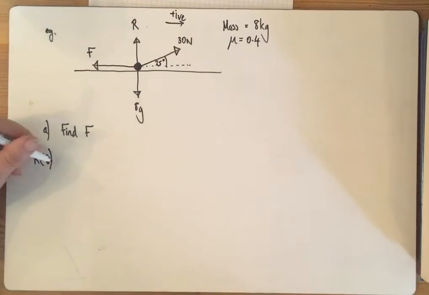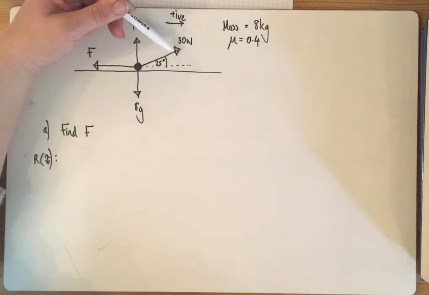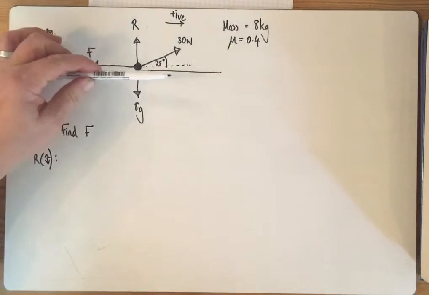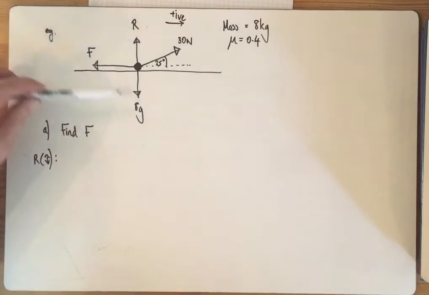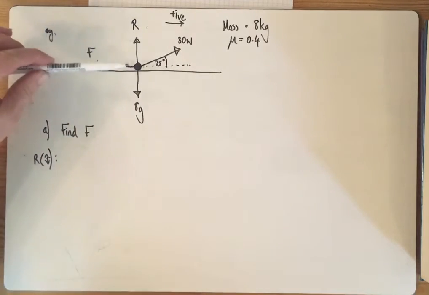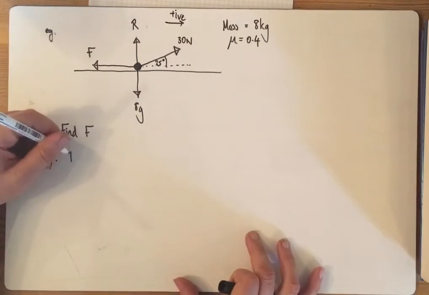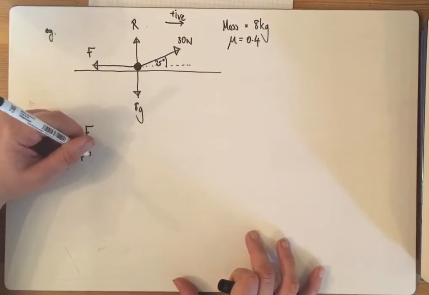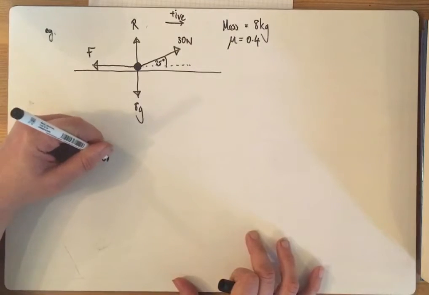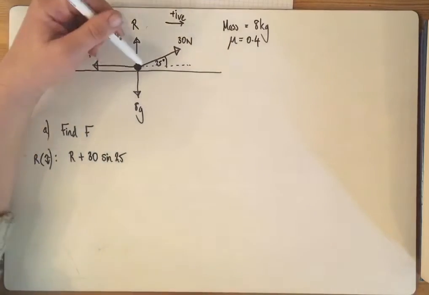But the difference now is that I also have a vertical component of this force to consider. We're in equilibrium vertically, so perpendicular to the surface, there's no motion. And so force is acting upwards, so R plus 30 sine of 25.